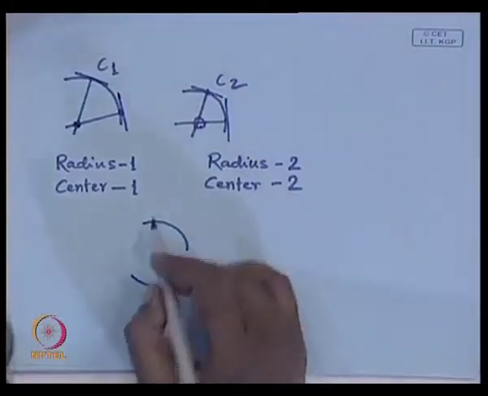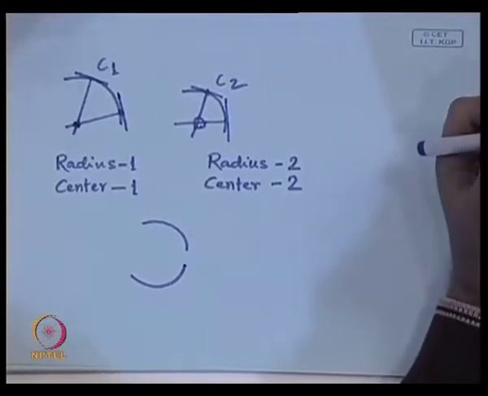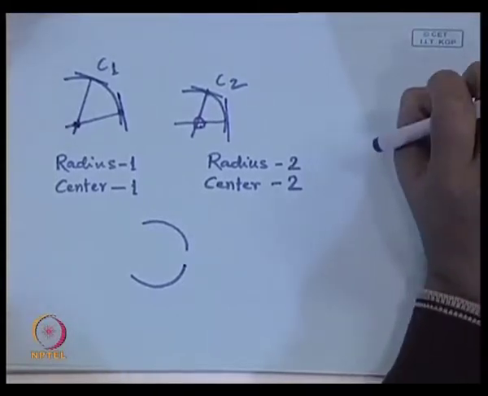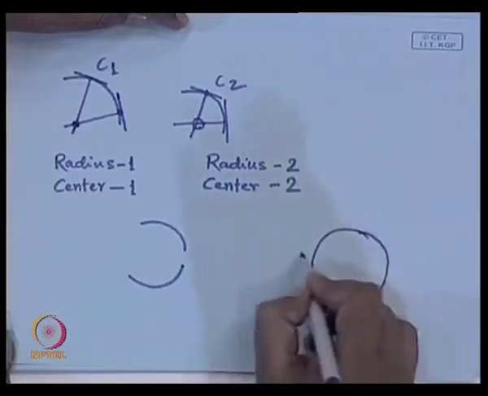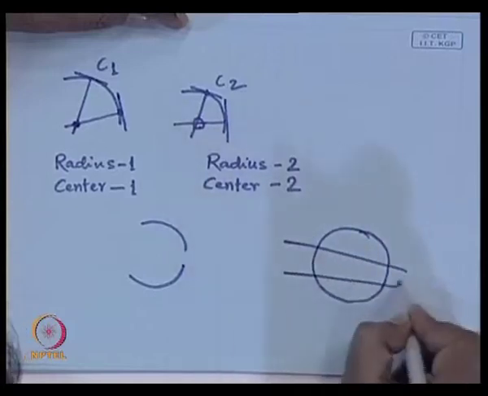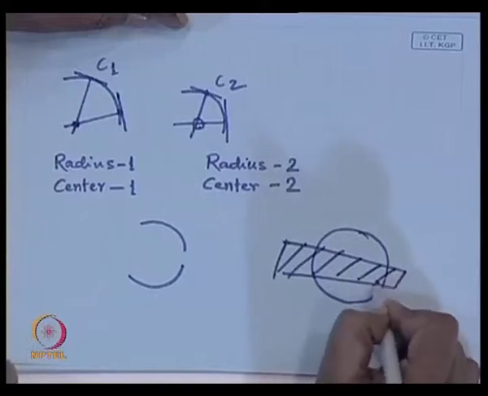here I am trying to depict a case where I have two different circular arcs of the same circle, but these two circular arcs are not connected. They may not be connected because of various reasons. I can have a situation something like this: say I have a circle, but on this circle I have another object. So this part is occluded.